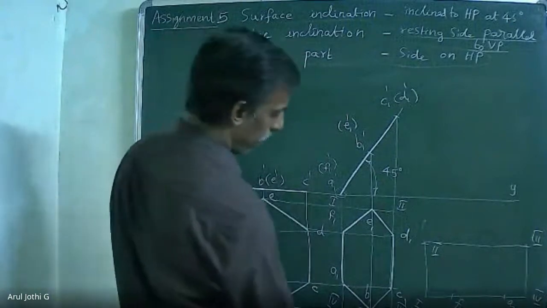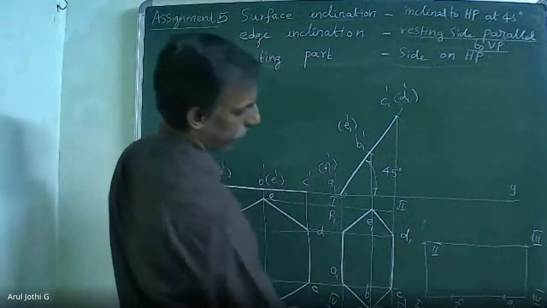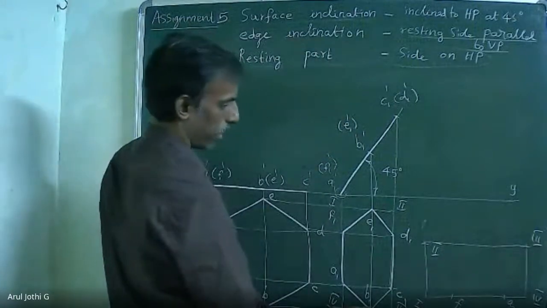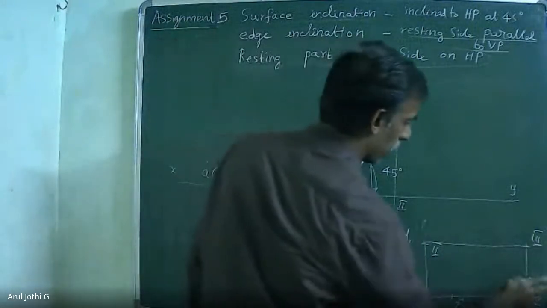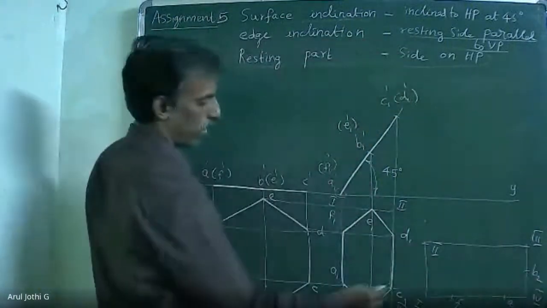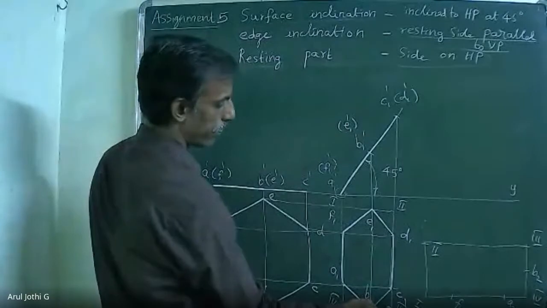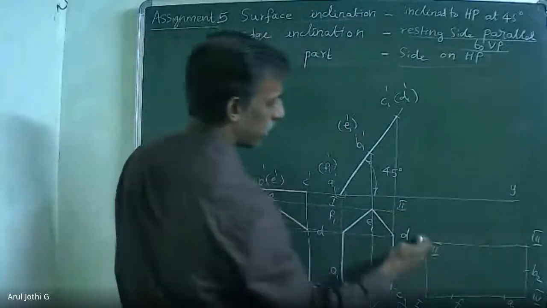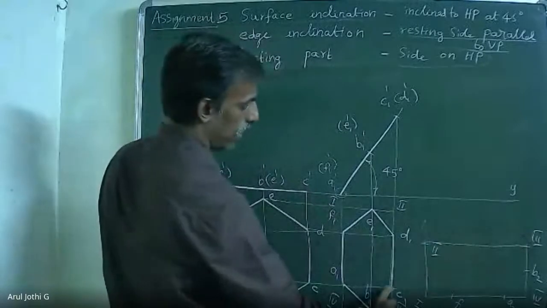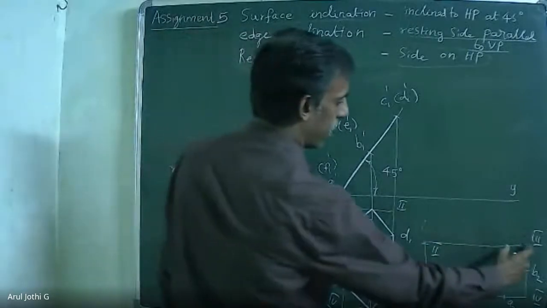Now B is available on 4, 3. So 4, 3 is available here. Measure 4B1 and transfer on 4, 3. Then C and D are available on 3, 2. C and D have to be transferred on 3, 2. So measure 3C1 and transfer here.